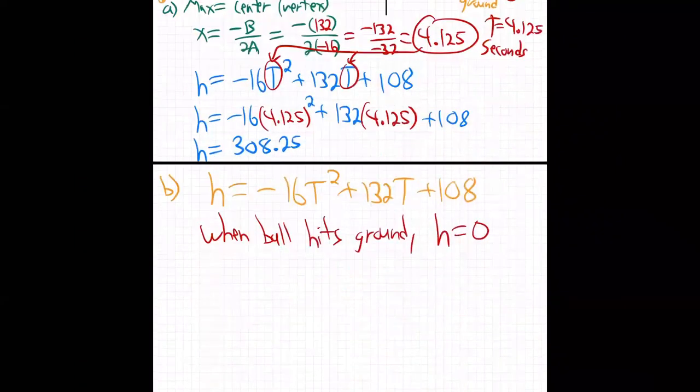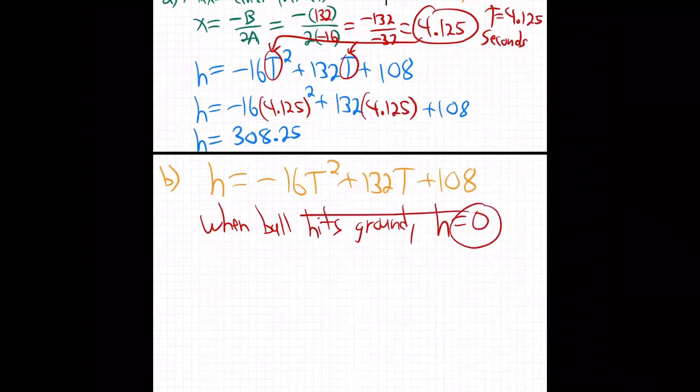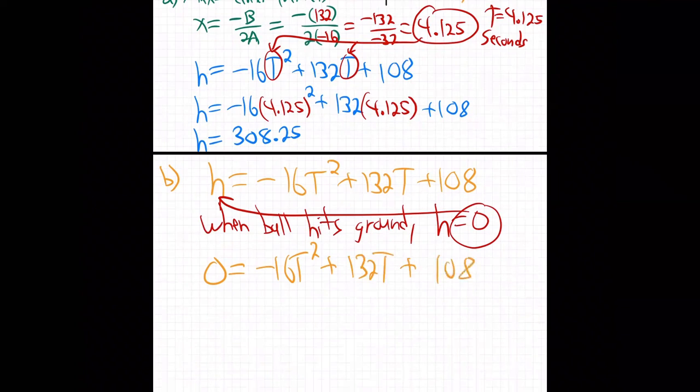So I take this formula and plug in a 0 there. 0 equals minus 16t squared plus 132t plus 108. They're saying find the time, find t, when the height is 0. So I plug in 0 for the height, and now I have to solve that equation for t.